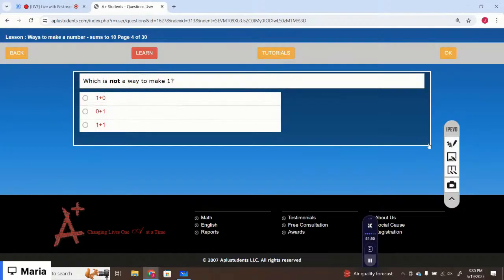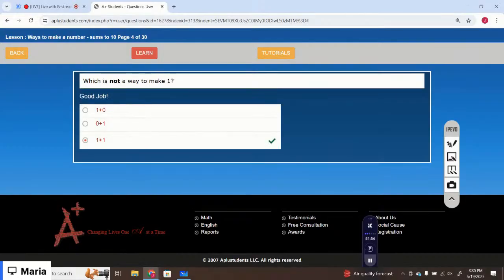Then the correct option is 1 plus 1. Option number 3 is the correct option.